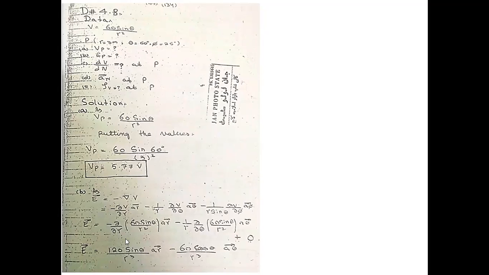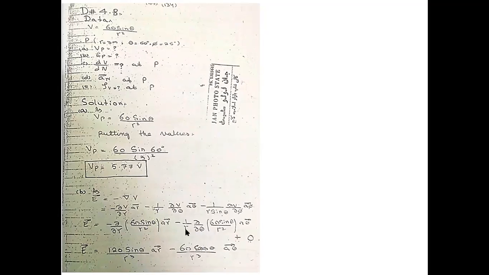So applying the partial derivative, we will get 120 sine theta over r cube. This is because of the square. Due to the square, 2 will come as the coefficient, so this 2 will be multiplied with 60 to get 120, and minus 2 minus 1, so this will be r raised to the power minus 3, which is equal to 1 over r cube.